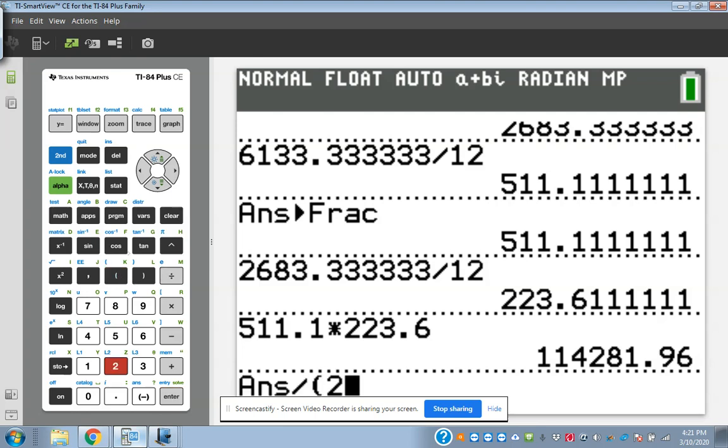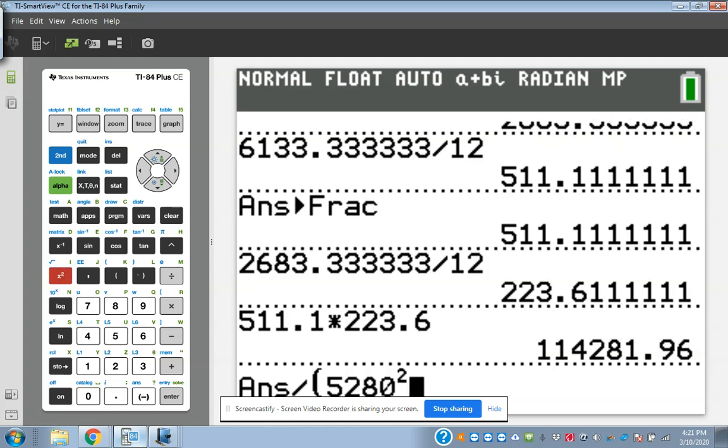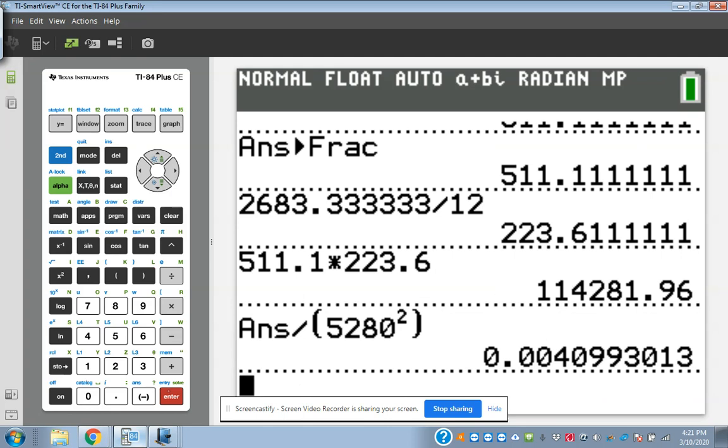Divided by 5,280. Oops. Divided by 5,280 squared, because that's how many. It's not that big, actually. Less than 4 1,000ths of a square mile. So it's kind of small.